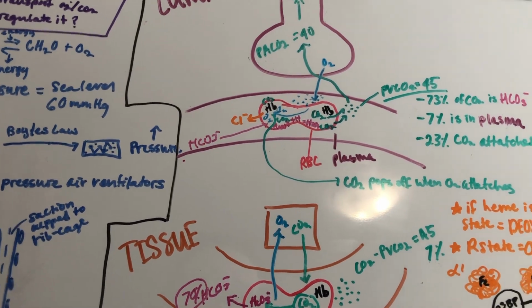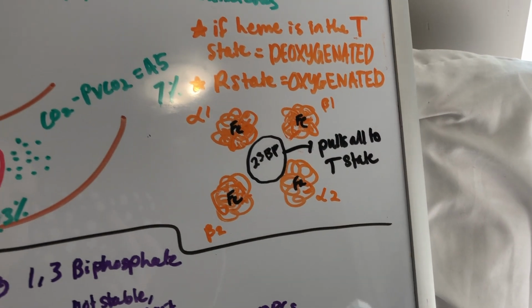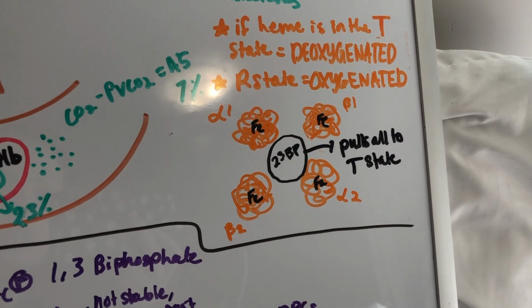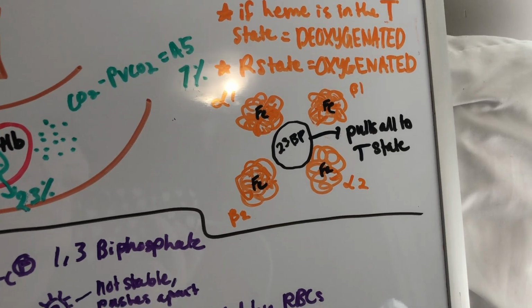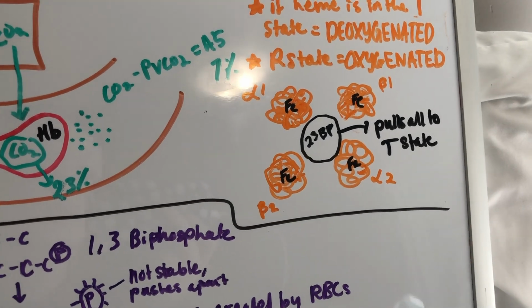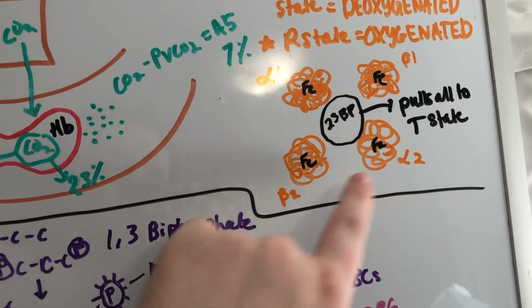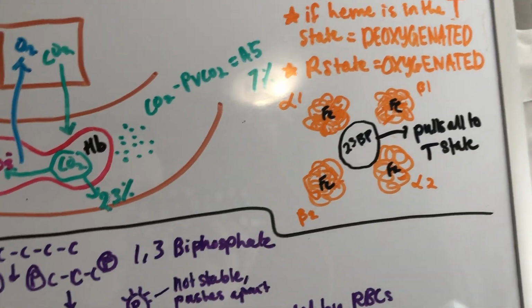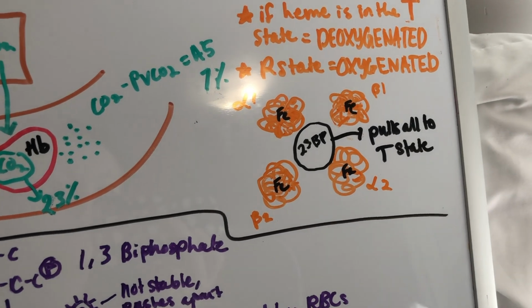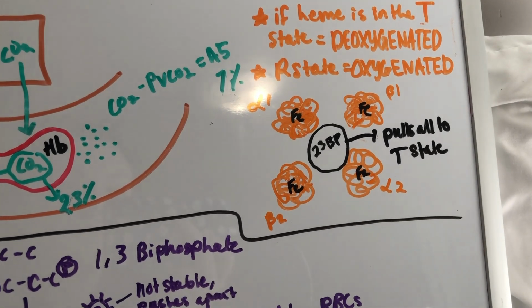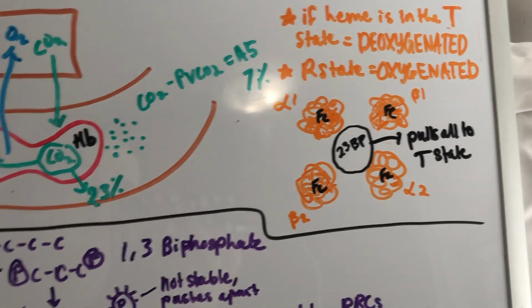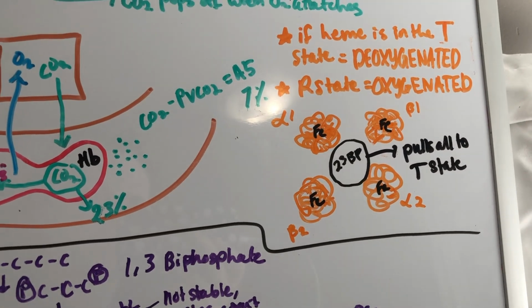And for this hemoglobin, we're going to jump over here really quick to describe what's going on with it. Hemoglobin is made up of 4 different iron groupings. So we have alpha 1, beta 2, alpha 2. And inside that space is 2,3-BPG, which pulls them all to the T state.